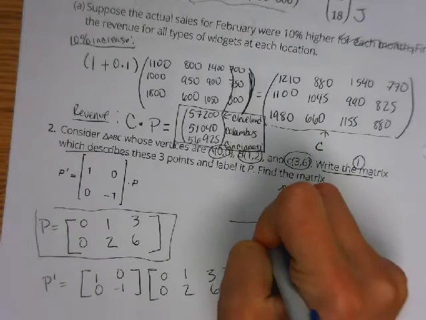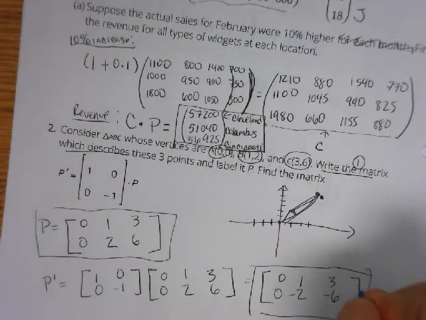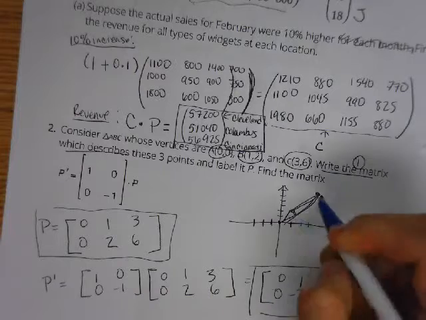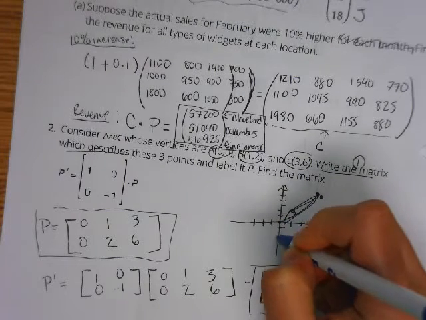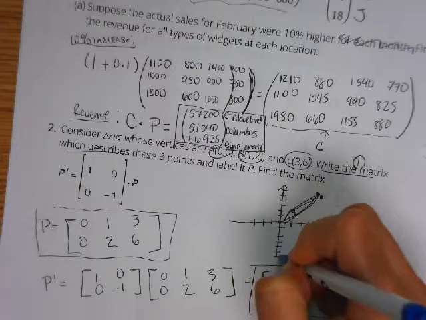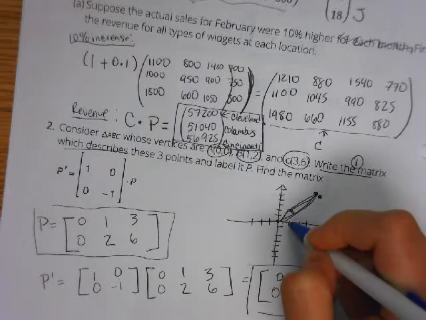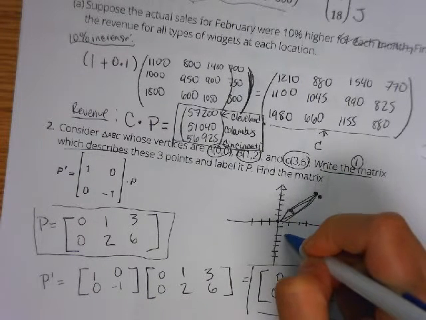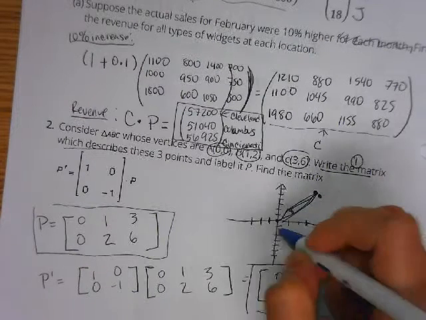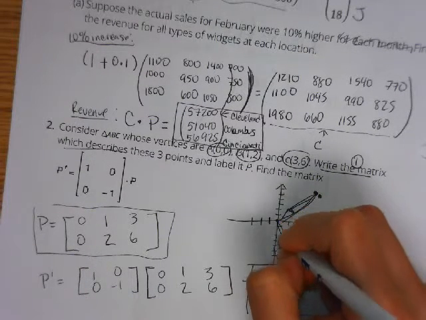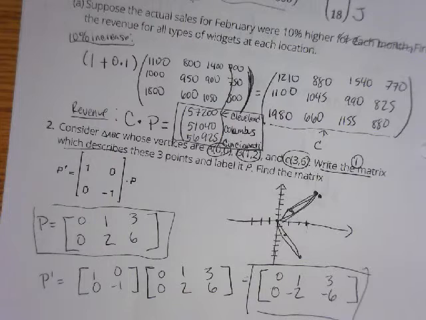And this is going to be this triangle right here, 0, 0, 1, negative 2, and 3, negative 6. Ugh. Again, very bad. I think this is what it looks like.